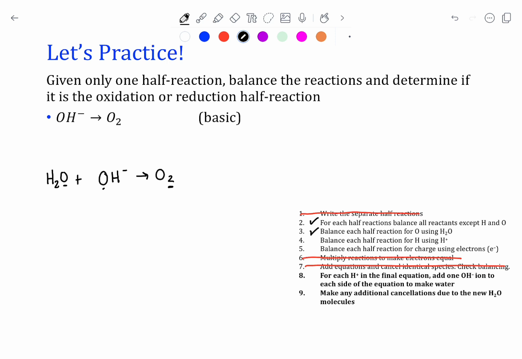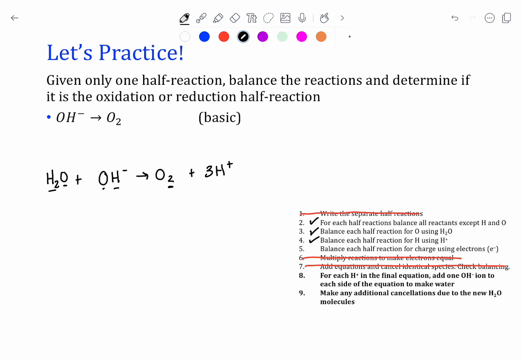Now we want to balance each half reaction for hydrogen using H+. So on my reactant side, I have 3 hydrogens, and on my product side, I have none. So I need to add 3 hydrogen ions there in order to balance out my hydrogens. So I now have 2 oxygens on either side and 3 hydrogens on either side. So we are now balanced in our compounds and elements.